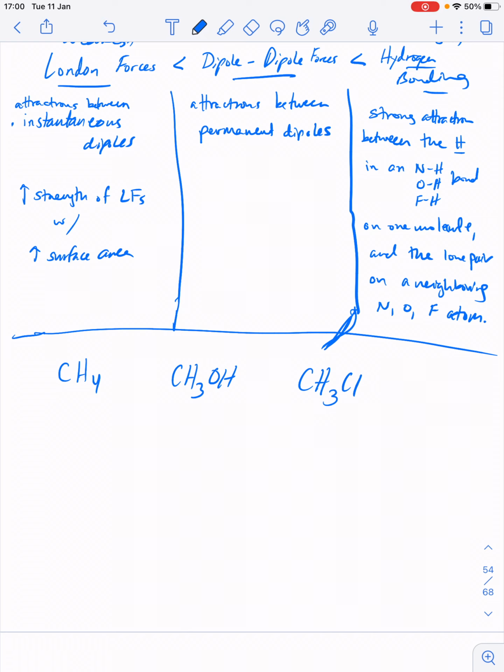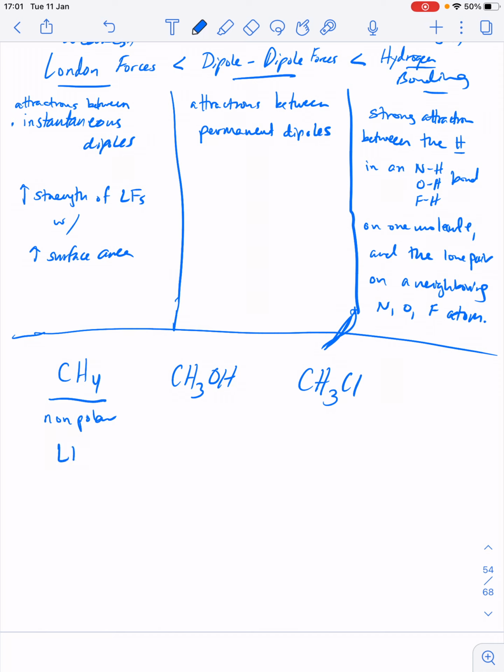So the key thing first is to look for, is it nonpolar or polar? And then to look for, does it have hydrogen bonding capability? You're going to get marks for identifying the types of IMFs and then for correctly ranking them in terms of strength.